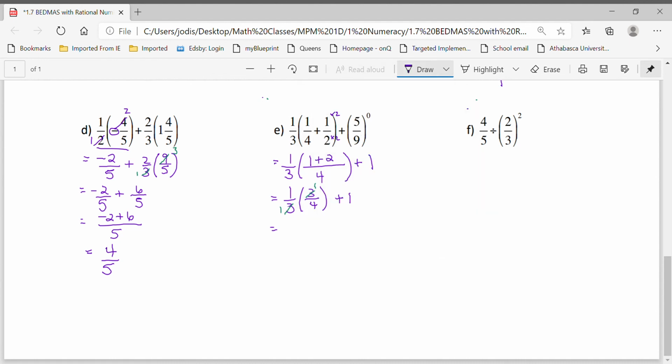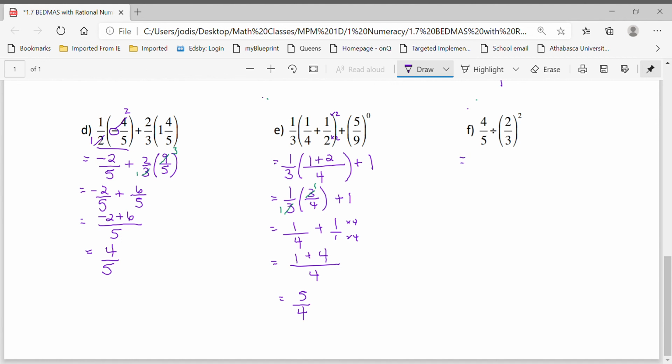And then we can multiply across the top. 1 times 1 is 1, and 1 times 4 is 4, and this is plus 1. Well, we need a common denominator over here, so let's make it 4, because this is like 1 over 1. So we're going to leave that as a 1, and then over here we're going to multiply both of these by 4, so plus 4, and we end up with 5 over 4.